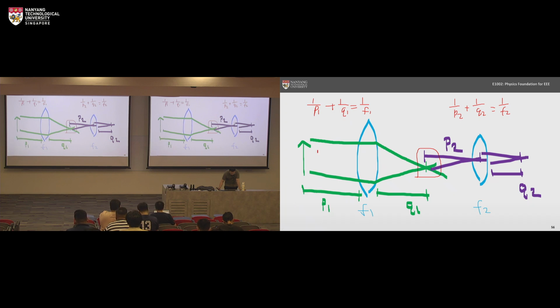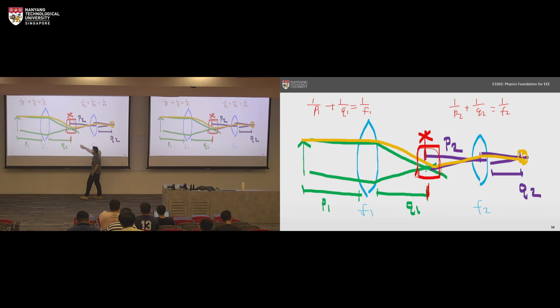If I have a light from here and I want to connect and then focus until here, it means that the position of your Q1 should equal the position of your P2. That is the only way that you can make your light continue to propagate from P1 through F1 to Q1, and then continue on to here.